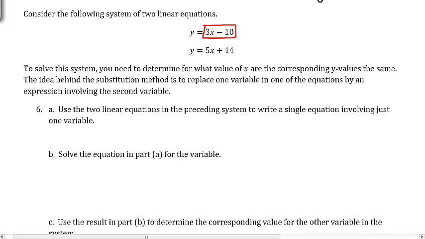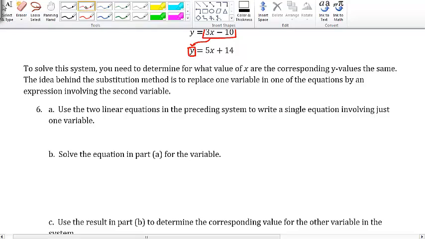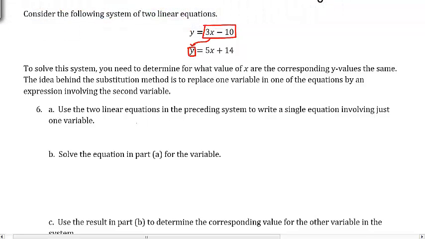So we're going to take what y is equal to in the first equation and replace the y in the second equation with that. I'm going to take this big red rectangle and put it into this little red box. That gives me a single equation: 3x minus 10 equals 5x plus 14.